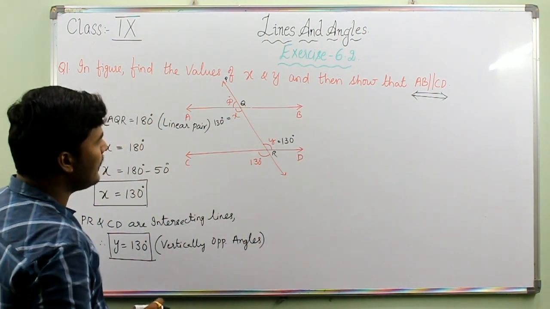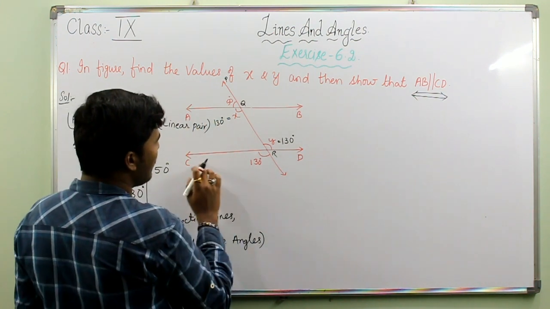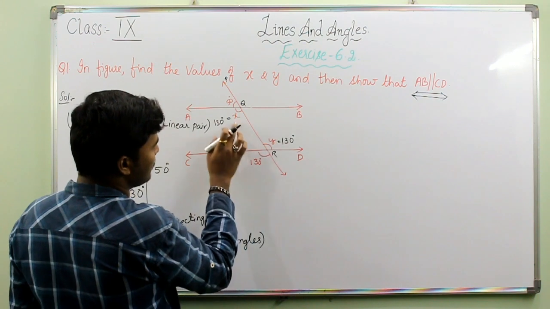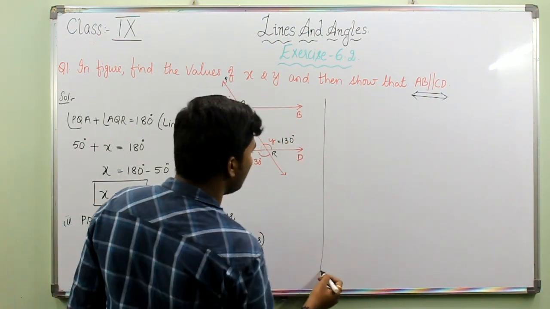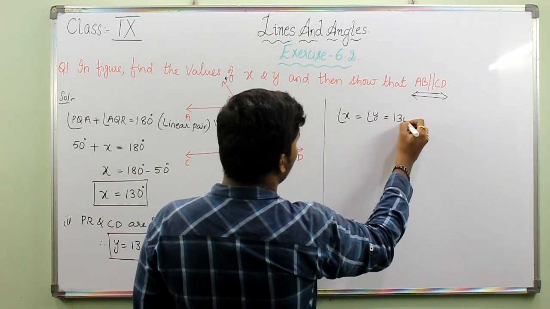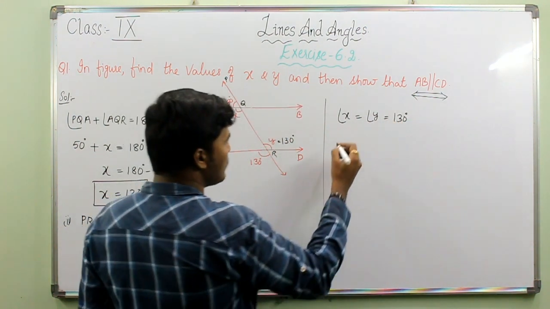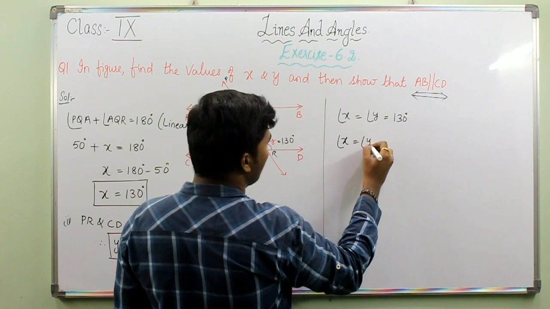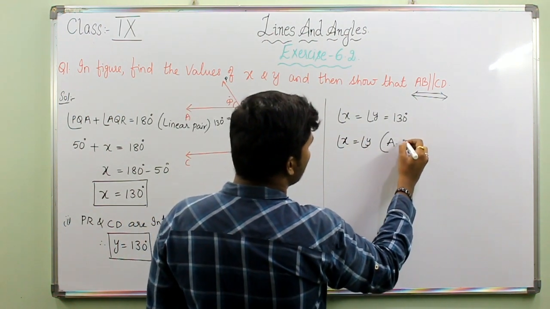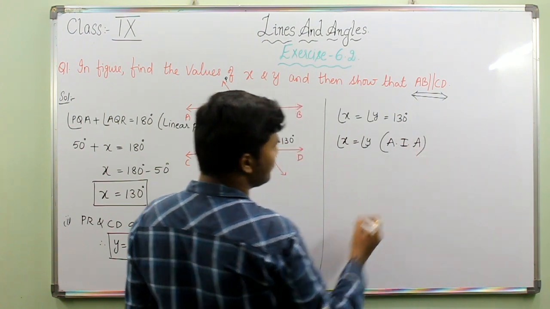Now if you see carefully, between AB and CD these two angles are the same: angle x is equal to angle y is equal to 130 degrees. These are equal because of alternate interior angles.